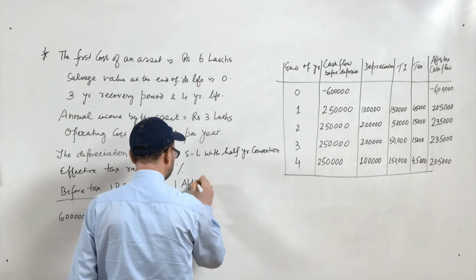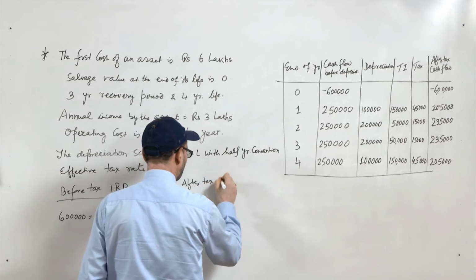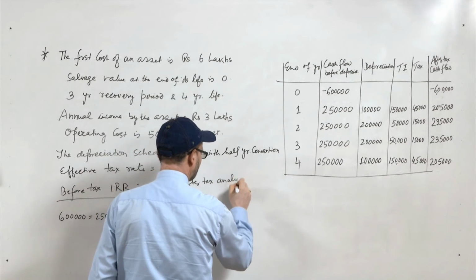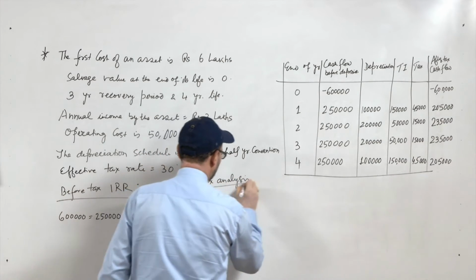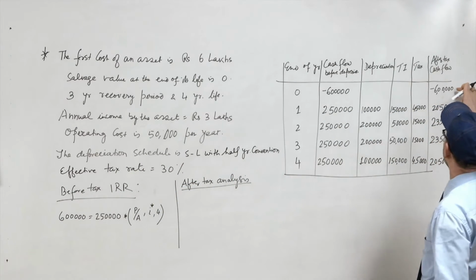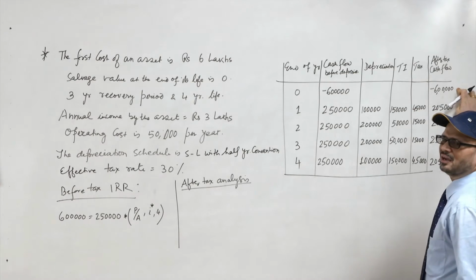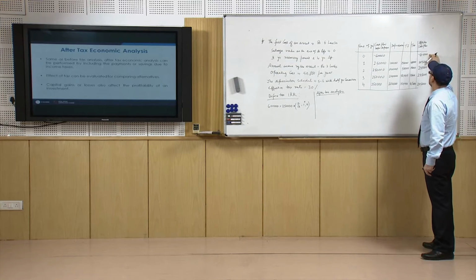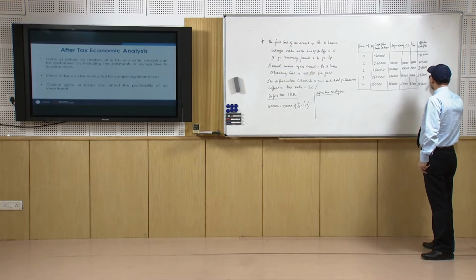Once we go for after tax analysis, you again have to set the equivalent present worth value as 0 by taking into account these factors.